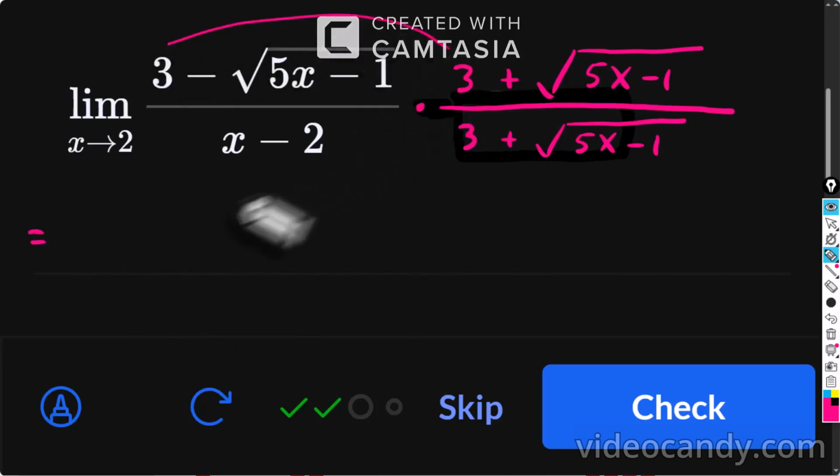First is going to be 3 times 3, which is 9. The inner-outer should drop: negative radical 5x minus 1 times 3, plus positive radical 5x minus 1 times 3. That drops. The last term, negative radical 5x minus 1 times positive radical 5x minus 1. The negative times positive makes it negative. When you multiply the square root by itself, you just remove the square root.